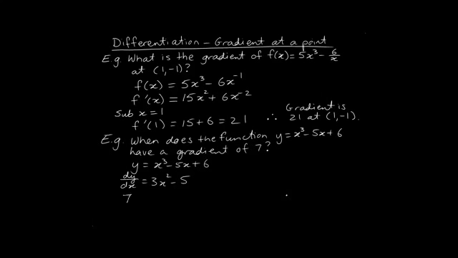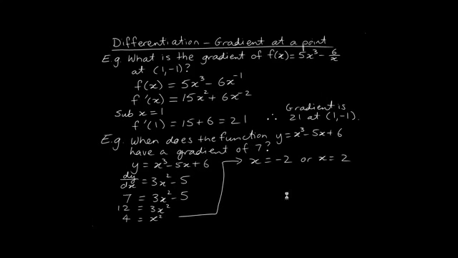So instead of dy dx I now put 7 equals 3x squared minus 5, and I will be solving for x. So let's see, 12 would have to be equal to 3x squared, which means that x squared would have to be 4, giving me two answers: x equals negative 2 or x equals 2.